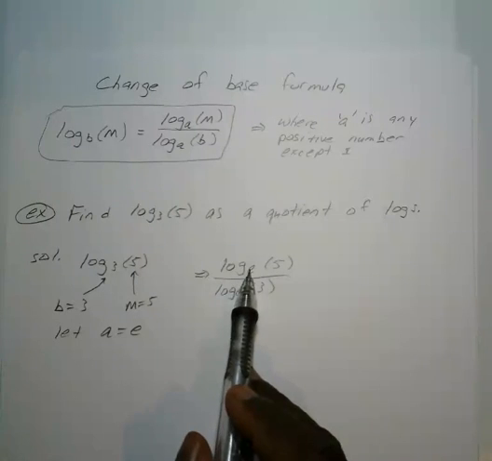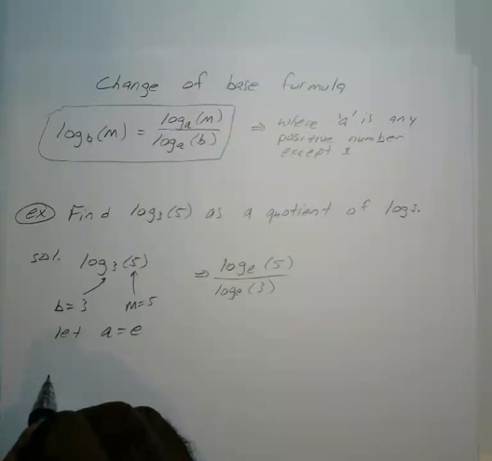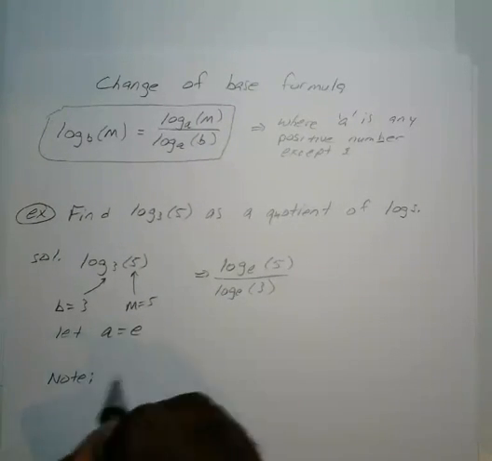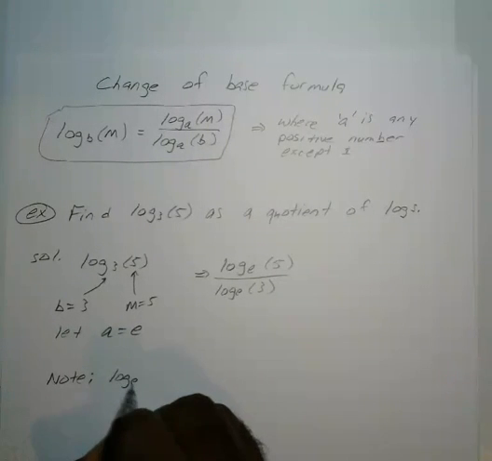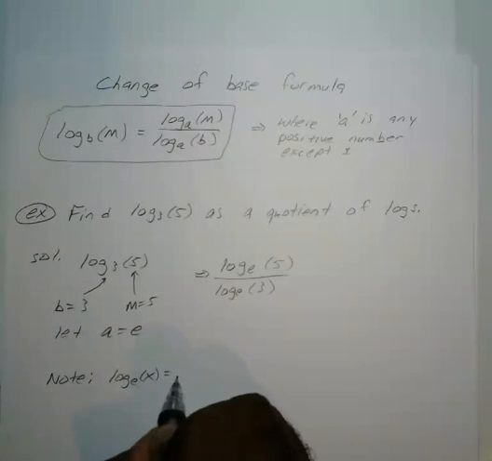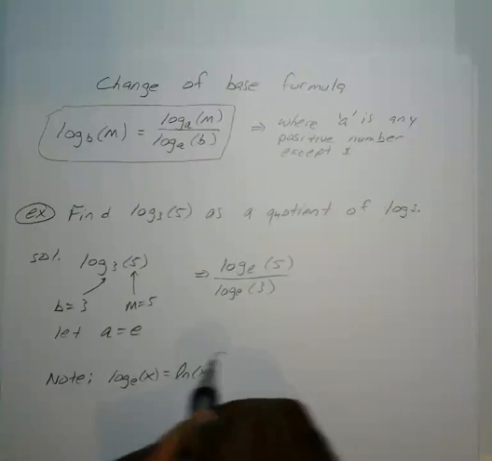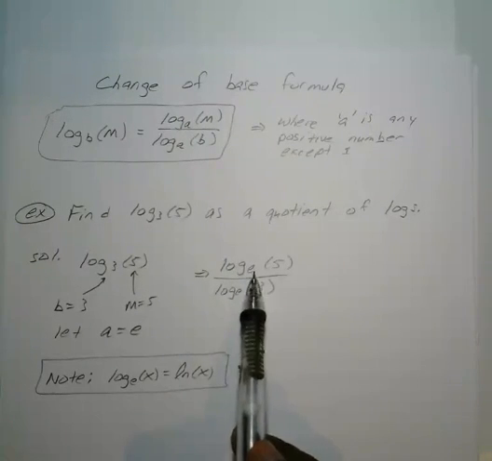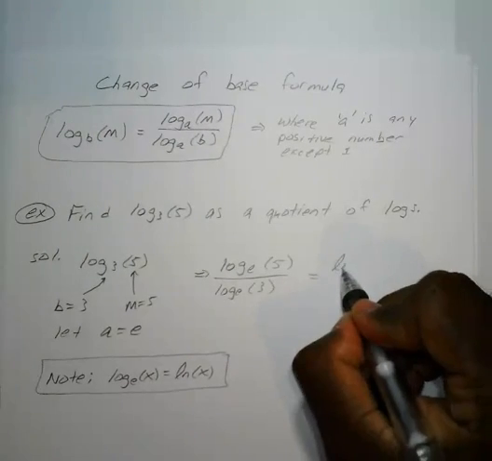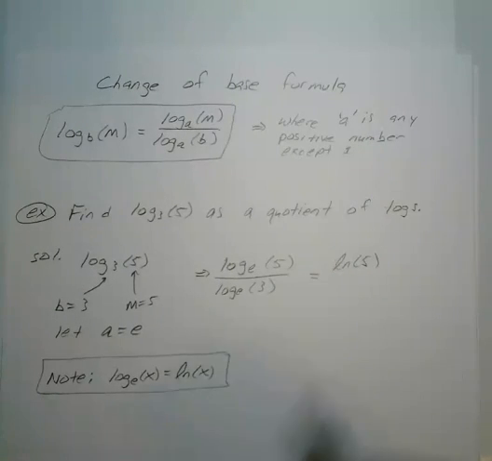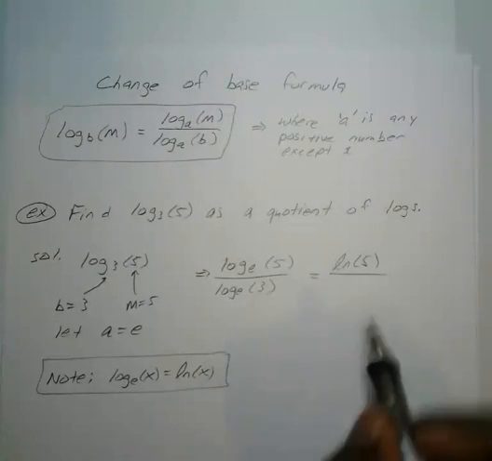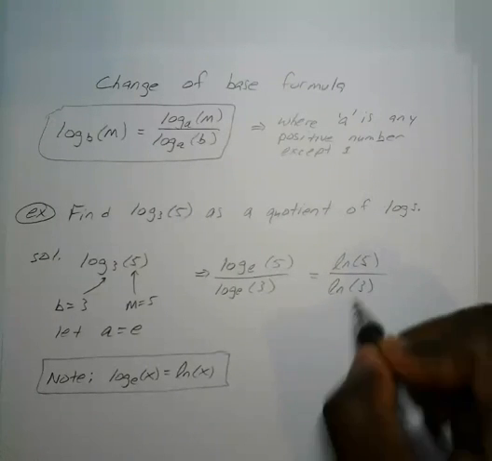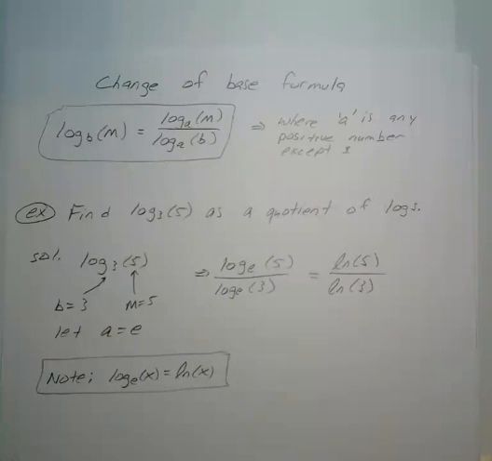Remember, log base e of x equals the natural log of x. So log base e of 5 is equal to the natural log of 5, and log base e of 3 is equal to the natural log of 3. And that would be your simplified answer as a quotient of logarithms.